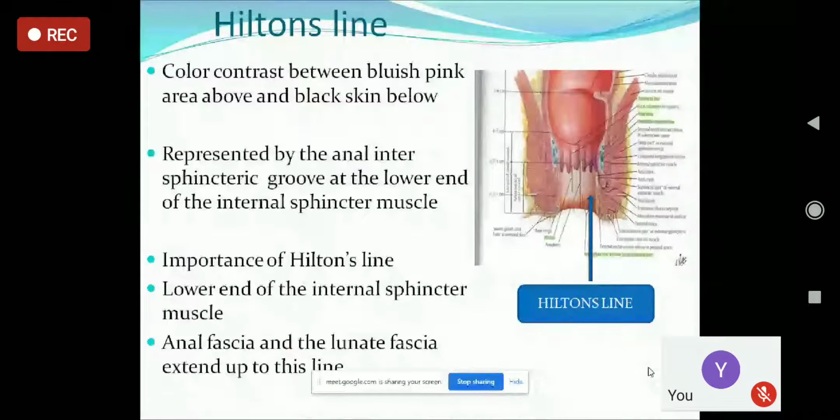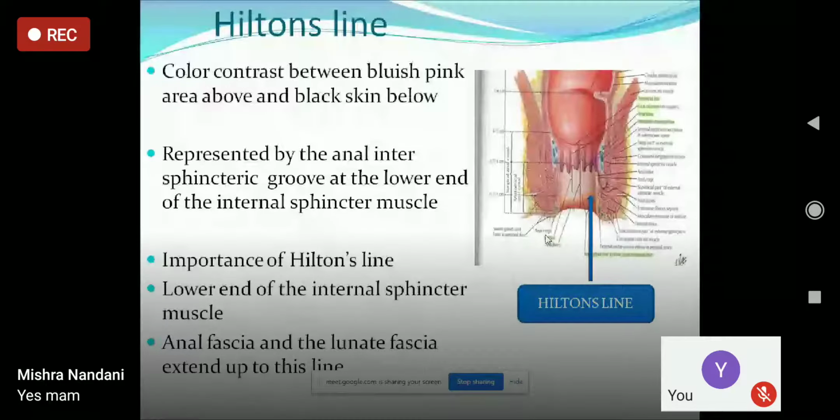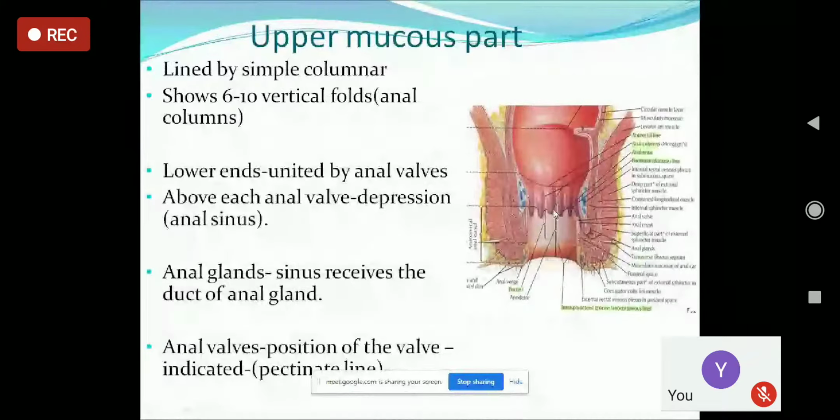Are you clear up to Hilton's line? Yes, ma'am. So this is the Hilton's line. Now we'll talk about the upper mucous part. It is lined by simple columnar epithelium and it has 6 to 10 vertical folds, the anal columns. Look here, this is the anal column, or column of Morgagni.